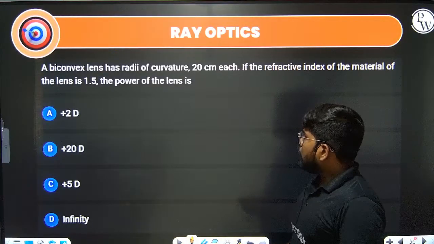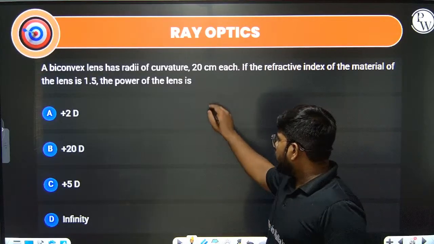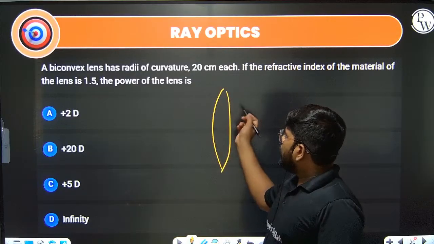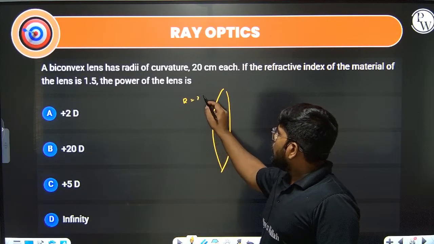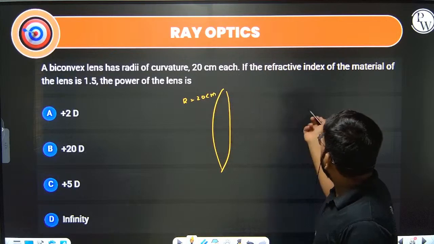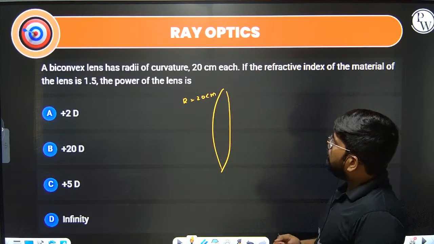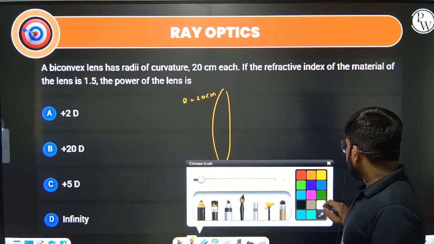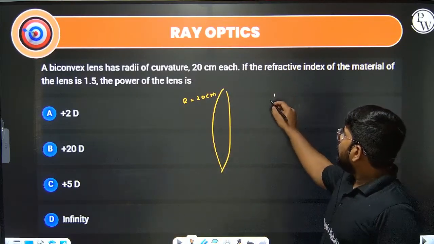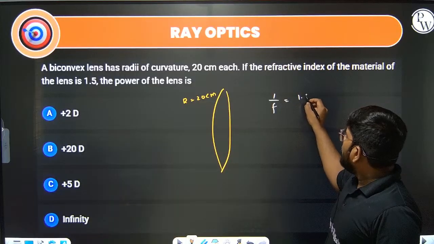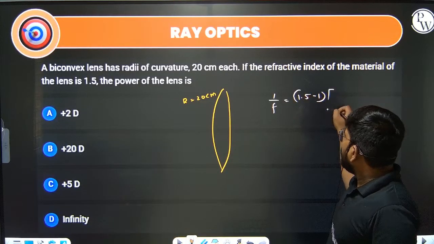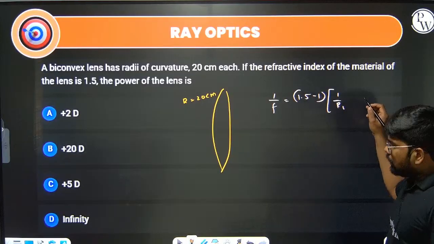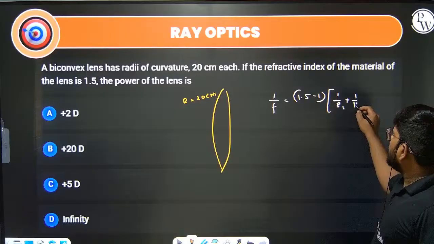Next we have again a biconvex lens, having radius of curvature r equal to 20 centimeters each, and the refractive index of the material is 1.5. Direct question; they are asking power directly. First we find the focal length. 1 by f is equal to mu minus 1 into 1 by r1, and since it is biconvex, minus of minus becomes plus 1 by r2.